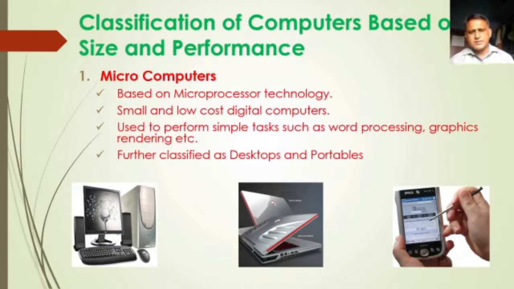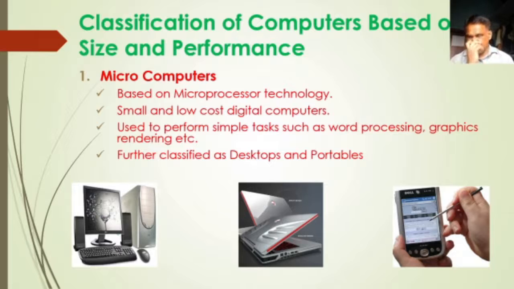Desktops are microcomputers which can be placed on a table and worked on. A desktop has a separate CPU, a separate display unit, a keyboard, and a mouse. These components are connected to the main system, and the work is carried out sitting in front of the table.